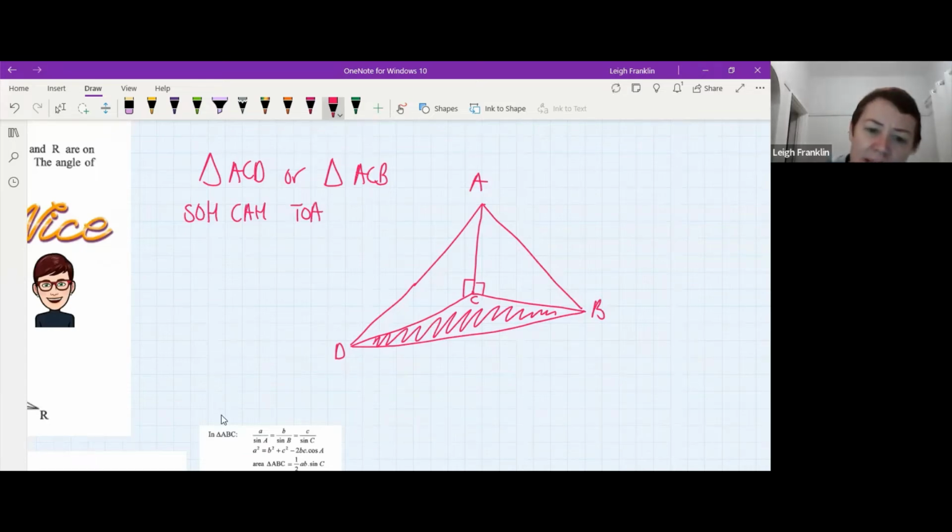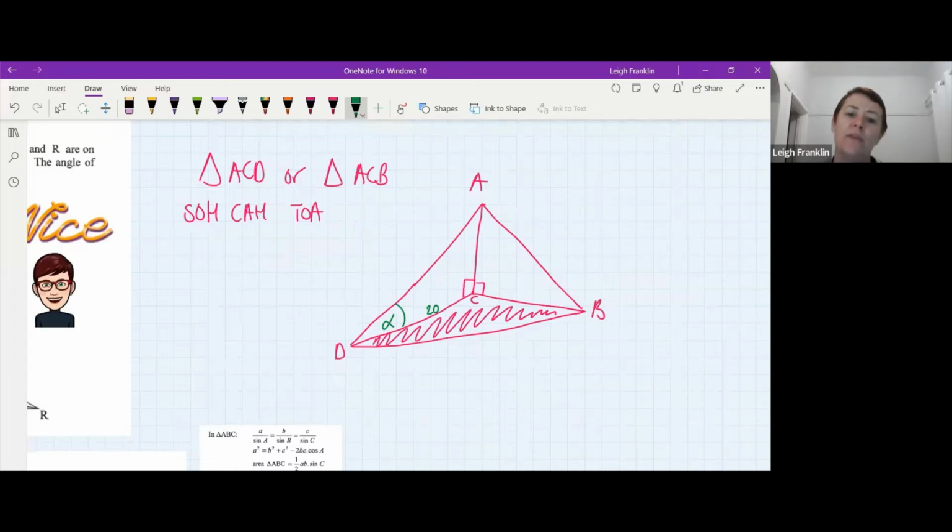So let's say they tell us that this angle over here is alpha, and they want us to describe the length of AC. Maybe it's a pole or something like that. Let's pretend that DB is 20 meters long. If I now want to write an expression for AC in triangle ACD, I see that side AC is opposite alpha.